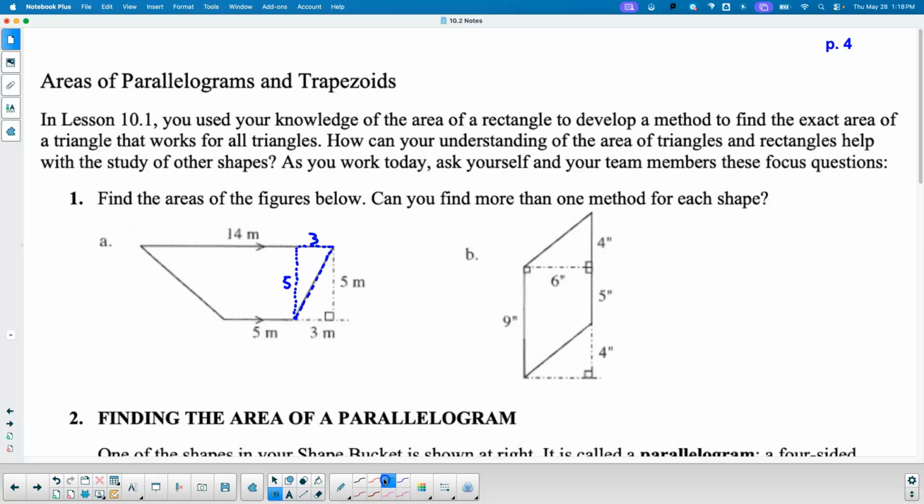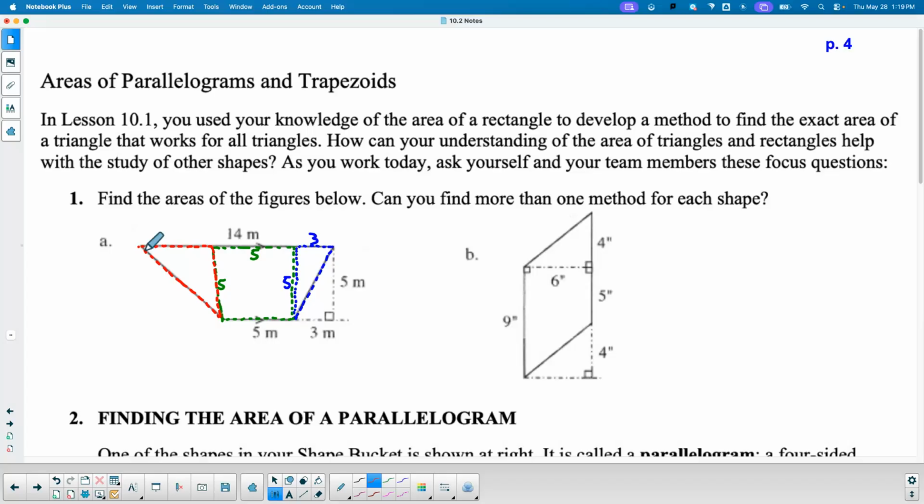If I take that and I break that rectangle out, what are the dimensions of that rectangle? 5 and 5? And then if I take this remaining triangle and I break it out, which one's 5, which one's 6?